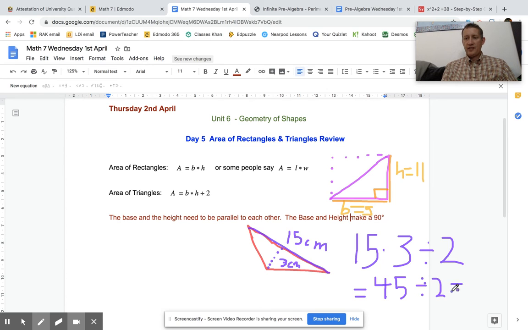And that's going to give us 22 and a half. Because I know 44, half of that's 22. Then I have 1 left over, so that gives me my half. 22 and a half, or 22.5. Centimeters squared. Because we're multiplying twice.